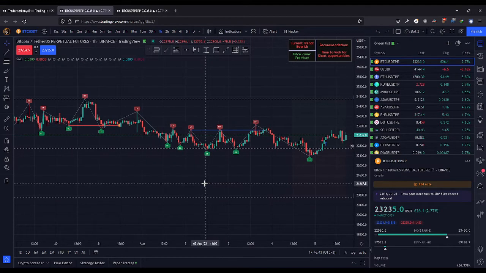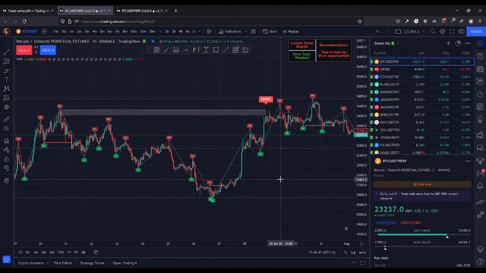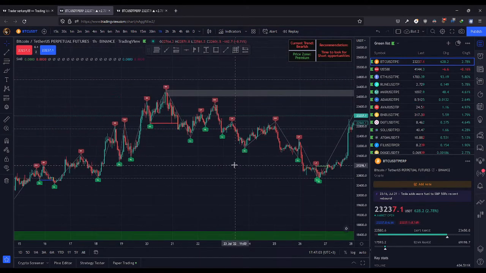So the most important thing is to be able to draw the boxes and give you appropriate signals based on the current market structure. This indicator does this also. All of this has its own alerts, which I'm going to talk about.